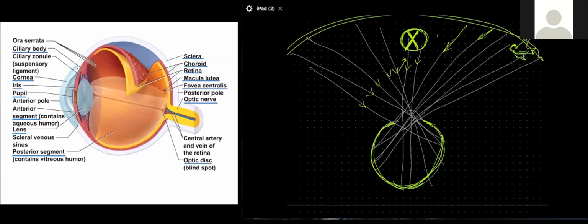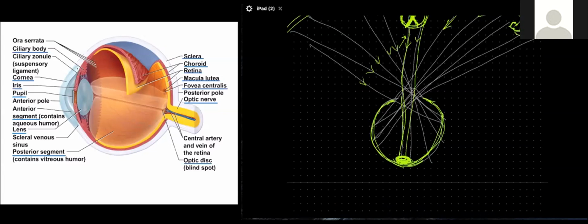So the part that you are looking at in the vision field, this X here, if you decided to look at this X, this means that the light rays are falling on the part of the retina that can see better than the rest of the retina. What do we call this part of the retina again? This is my macula lutea, and the central part of it that can see much better than the rest of the retina is going to be my fovea centralis.